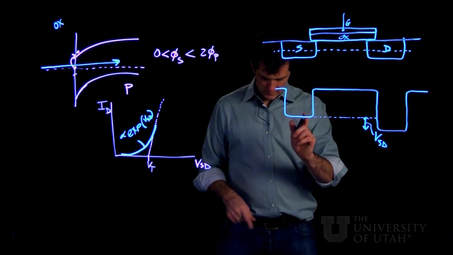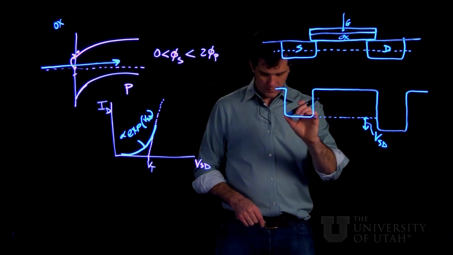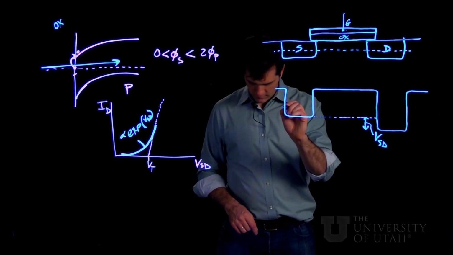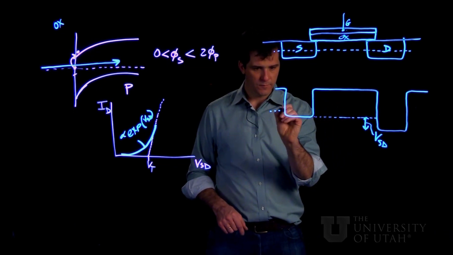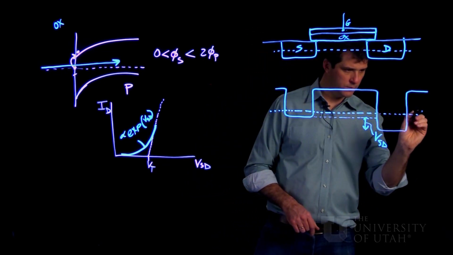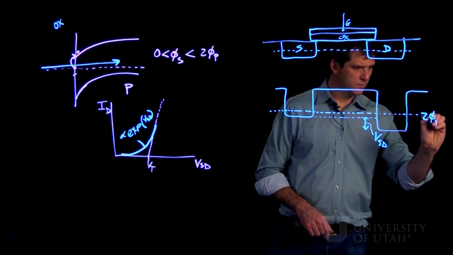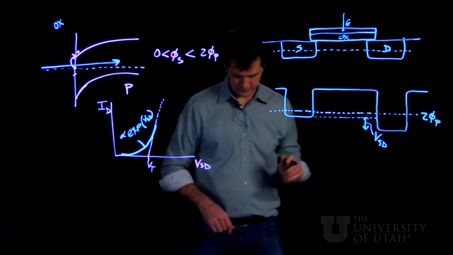And we're going to consider a case where the threshold voltage would be here. So our threshold voltage is 2 phi p.